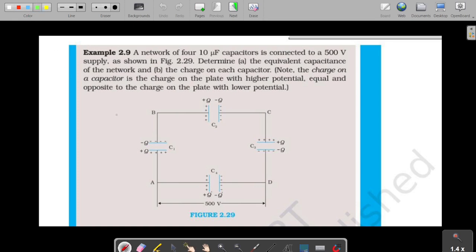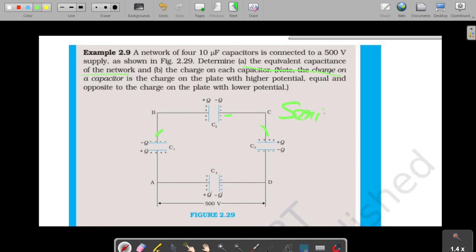So here in part A, we have to determine the equivalent capacitance of the network. If you see the figure carefully, the capacitors C1, C2 and C3 are placed exactly one after another, so they are in series combination.